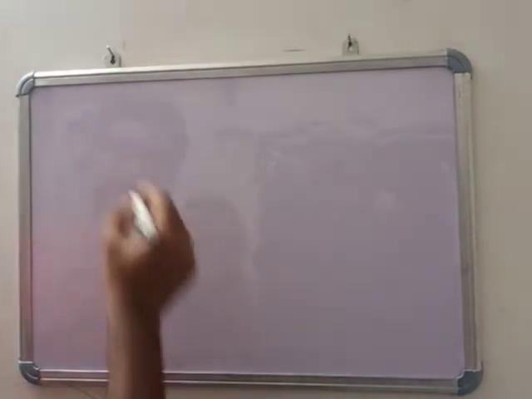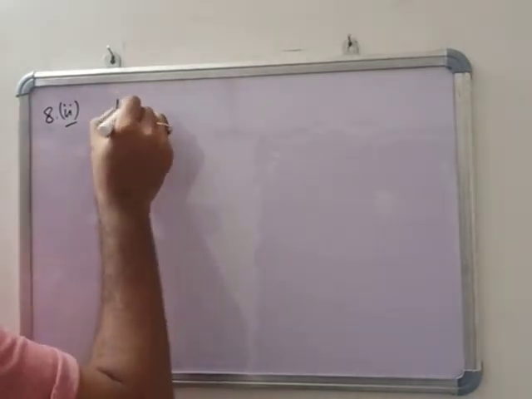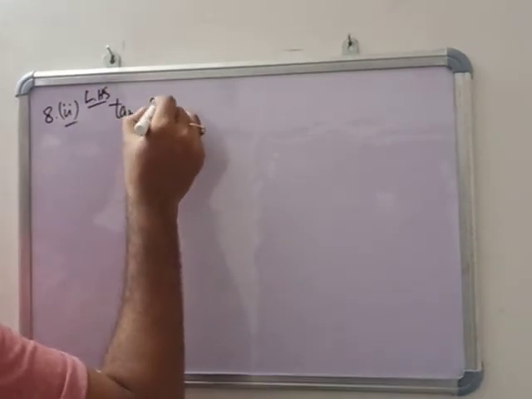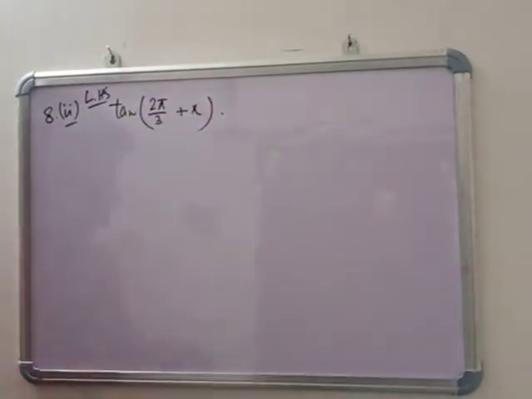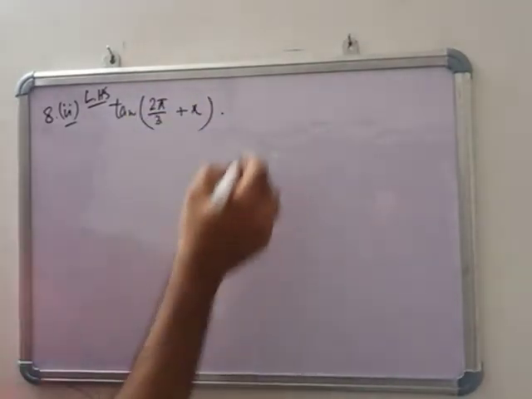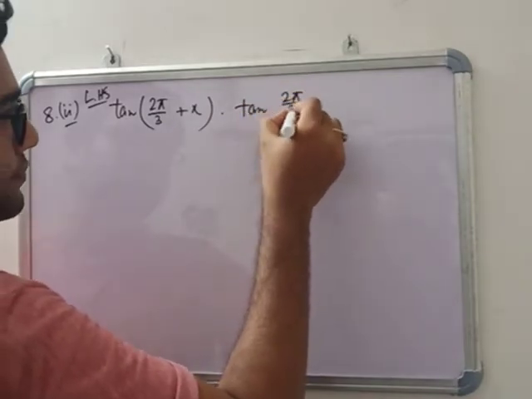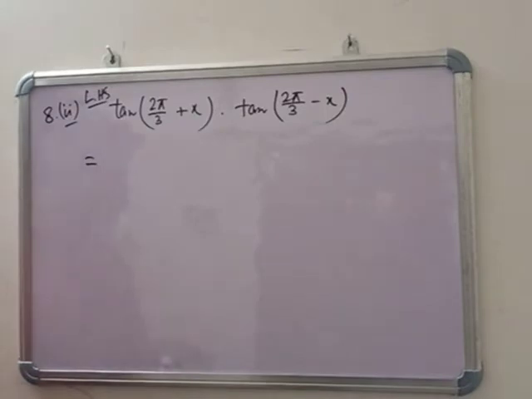Now, in 8-2, see that LHS is given tan of 2 pi by 3 plus x into tan of 2 pi by 3 minus x. So tan means we know that sine by cos.